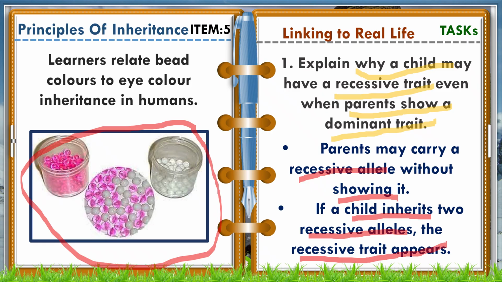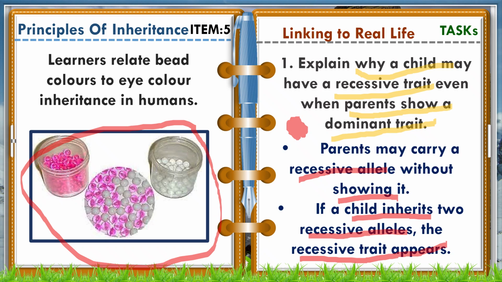I don't know whether you have got this one. I'll try to illustrate a little bit, because here they have brought in the recessive. So here I'm going to do it like this. If this is parent A, now we are not looking at the eye, we are looking at their genes.